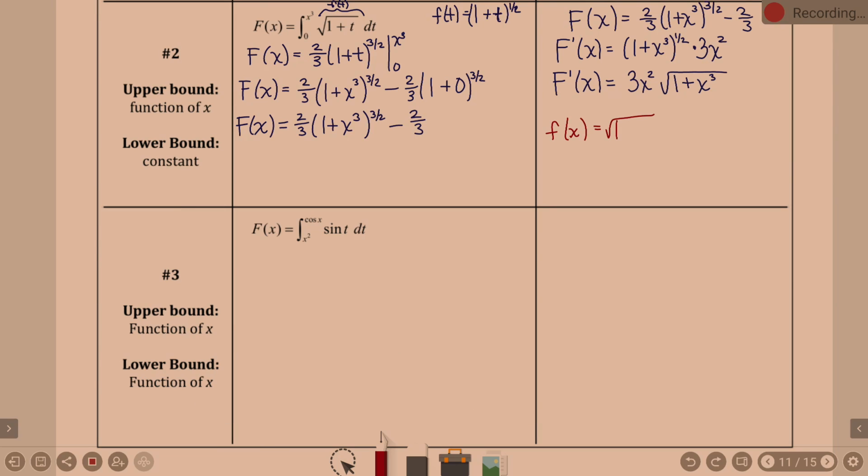Capital F prime of x is 3x squared square root of 1 plus x cubed. I don't know about you guys, but f of x does not match capital F prime of x.